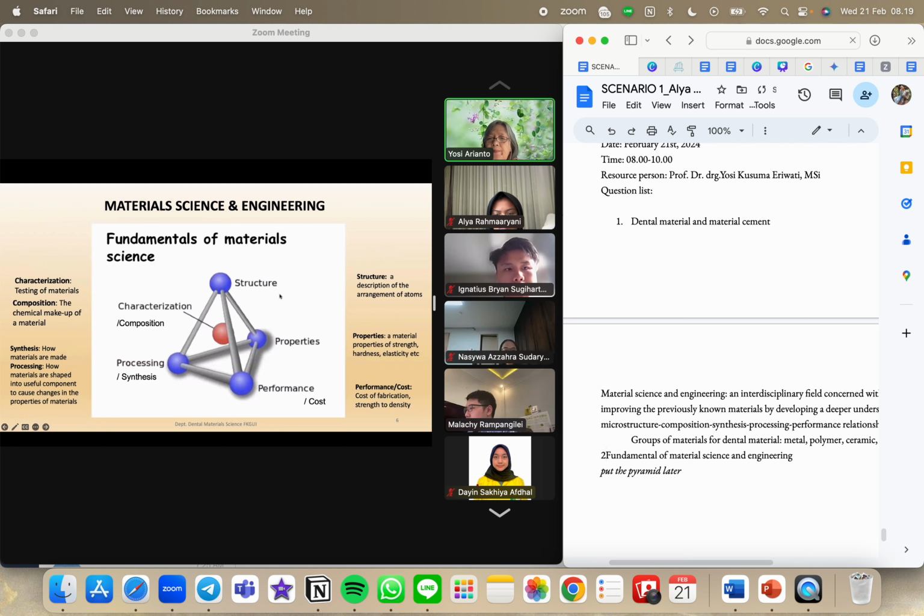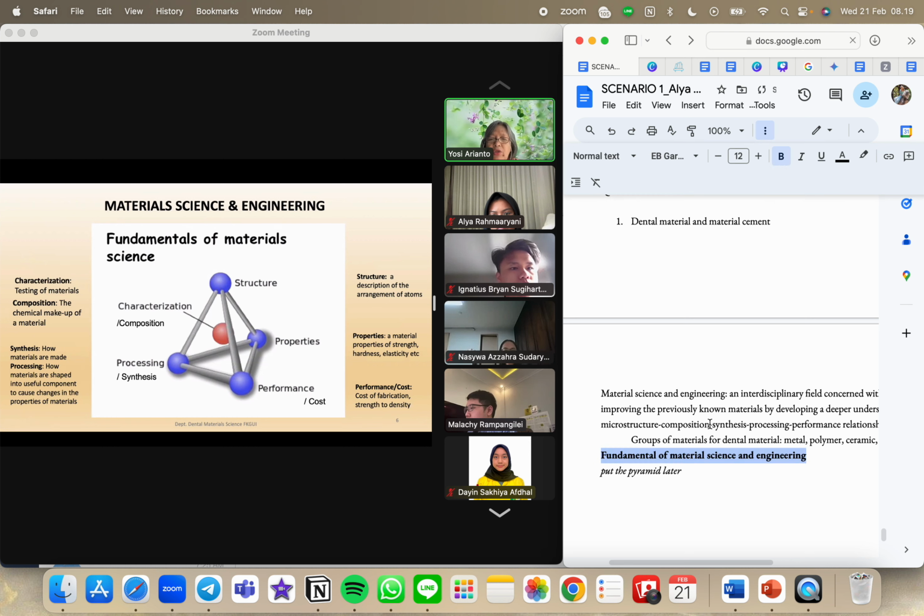Which is the description of the arrangements of atoms of all the materials, and then also there is the properties. Yeah, the material properties is maybe about the strength, the elasticity, the hardness, yeah, of the materials.